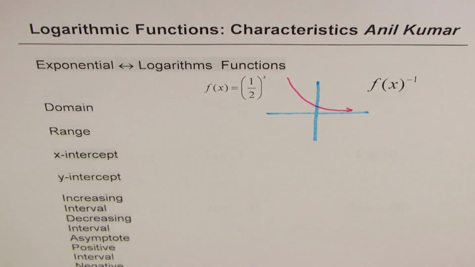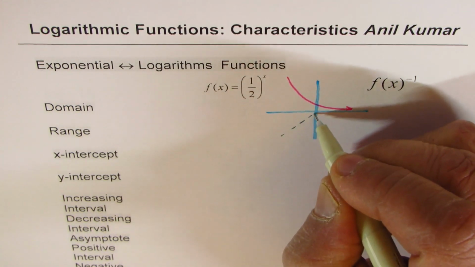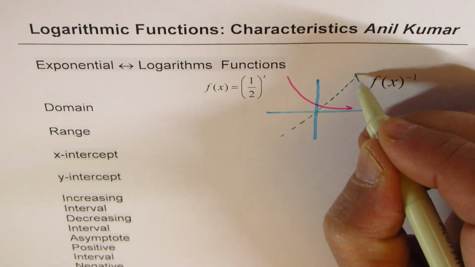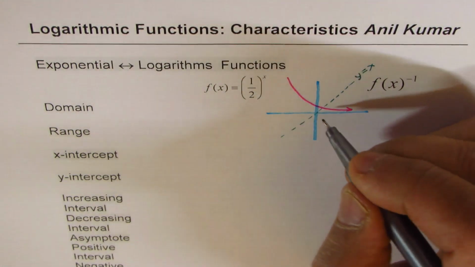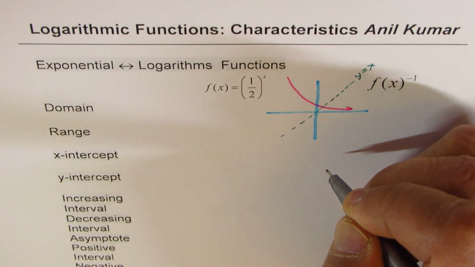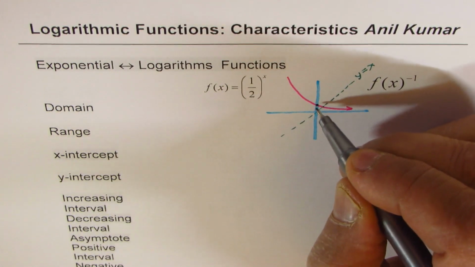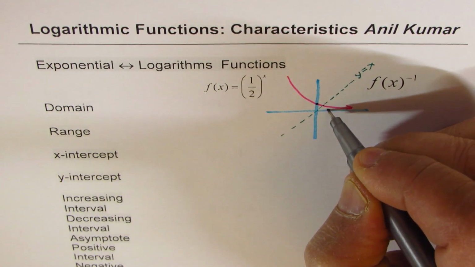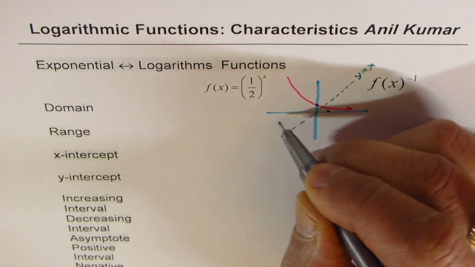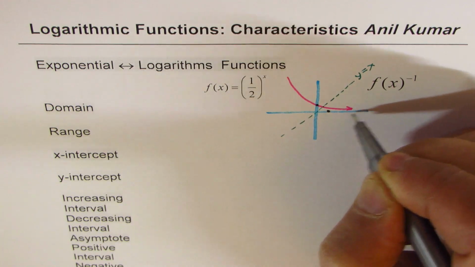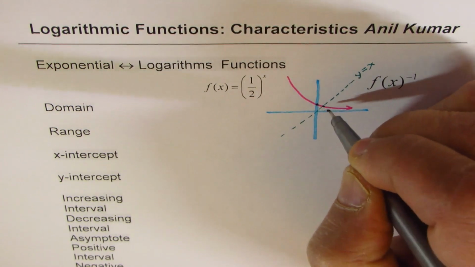And if you want to sketch the inverse of the function from the graph, you could always reflect it on the line y equals x and get the result. So that becomes the invariant point for you, right? All these x and y values flip. So the y-intercept becomes the x-intercept, right? The horizontal asymptote, which is right here, becomes a vertical asymptote, correct? And this is the invariant point.